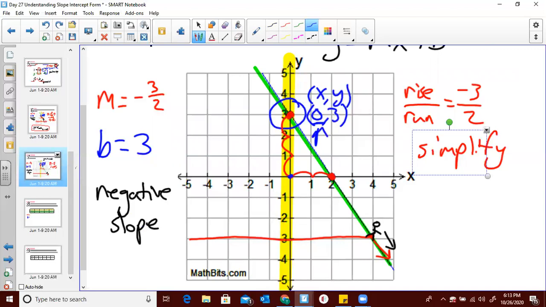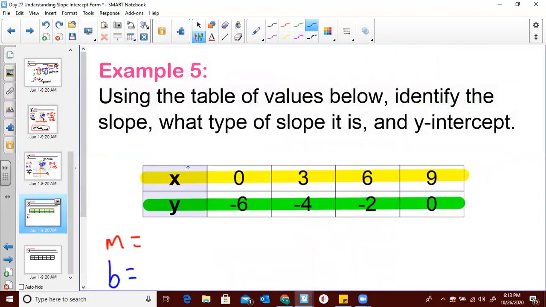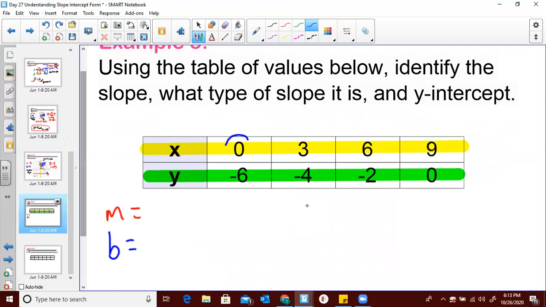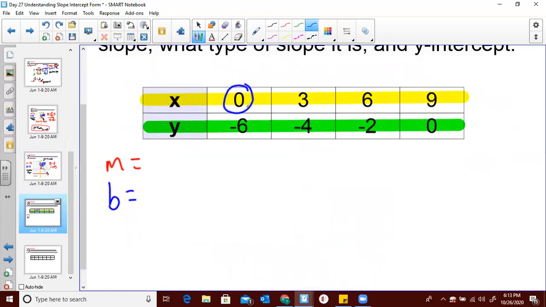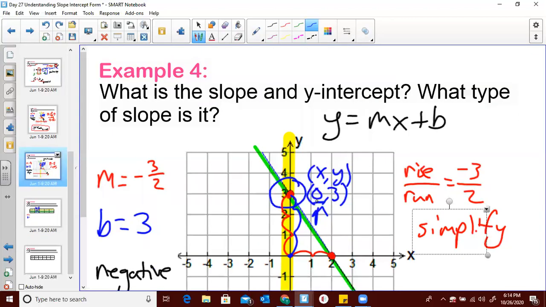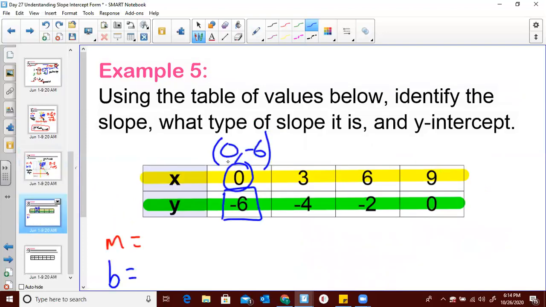And then you're coming up to your y-intercept. So just like that, what you want to look for is, where is my x 0? All right, wherever my x is 0, this guy is going to be your y-intercept, right? Because this table, I'm sorry, means the same as this coordinate pair. And that is very similar to what I wrote up here: 0, 3, 0, -6, x, y.